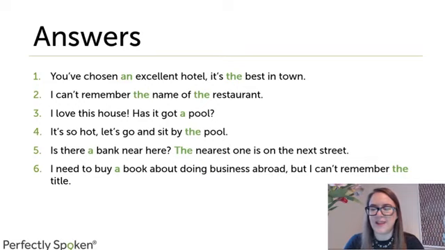Number 4, it's so hot. Let's go and sit by the pool. Number 5, is there a bank near here? The nearest one is on the next street. And number 6, I need to buy a book about doing business abroad, but I can't remember the title.